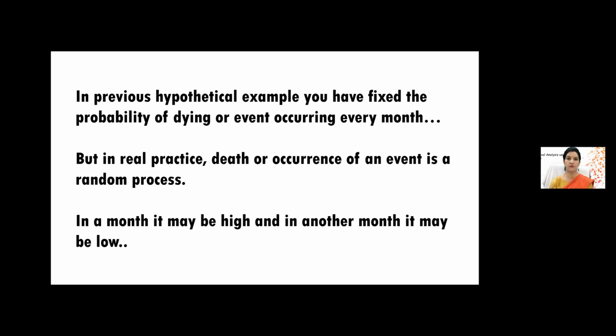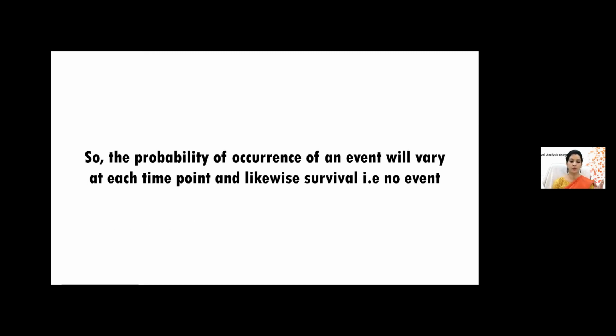It is not fixed. So that's why we calculate the instantaneous rate. It is not the periodic rate like we take in the life table, where we fix the rate for the entire duration of 1 year. So it varies; this probability of event varies for an individual at each point of time.